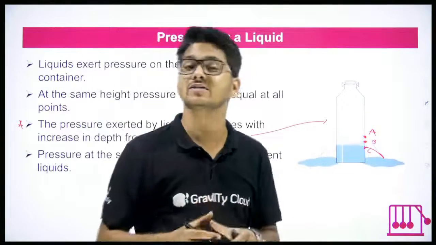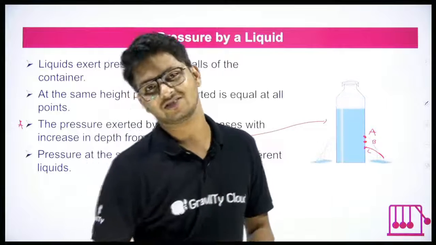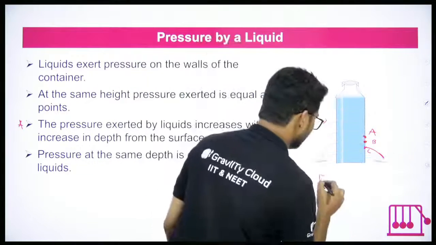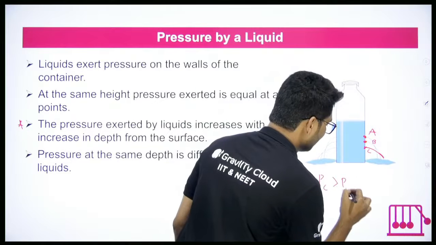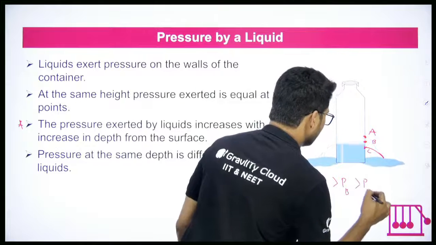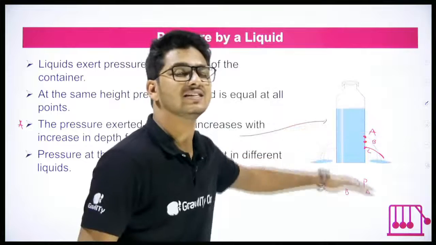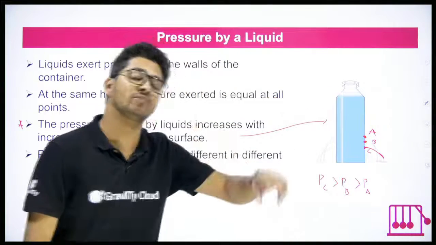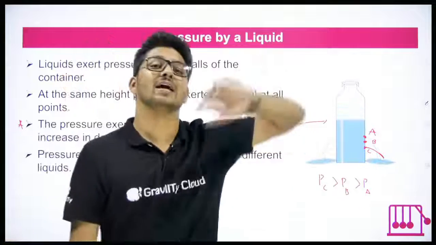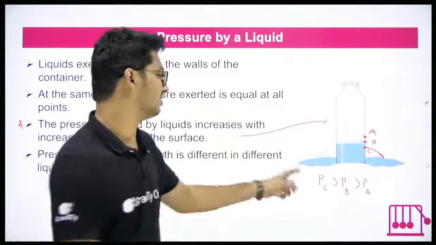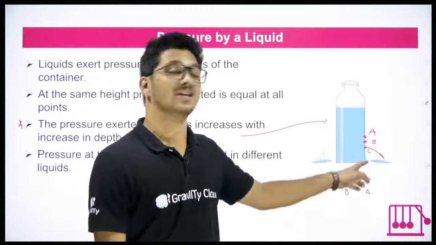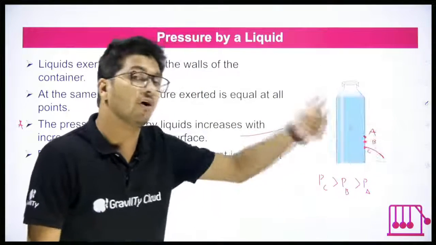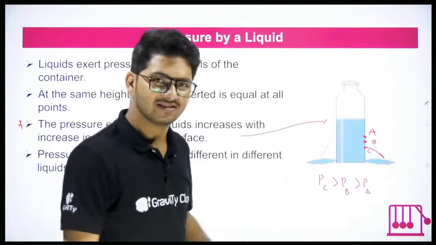Now the question is, why is that? Because the pressure of water at C will be greater. Pressure at C is greater than pressure at B, greater than pressure at A, because as depth increases, depth of C will be more than depth of B will be more than depth of A, and as depth increases, pressure increases. This is the order, and hence water from C travels or falls the longest.